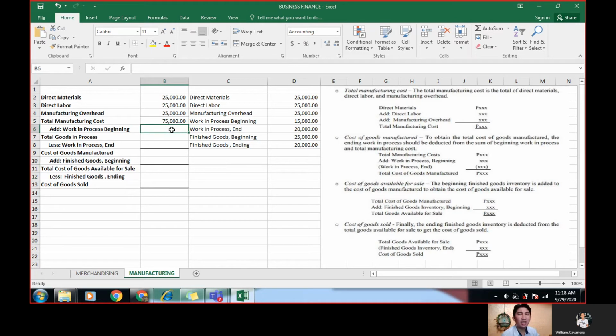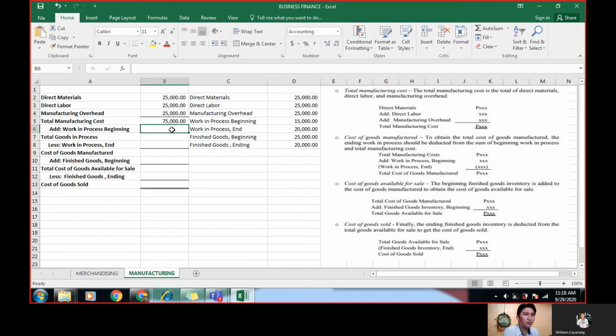So the concept of work in process, it's still an item but partially completed. Meaning, we put partial work done for that, but it is not yet complete. Okay? So it could be 50% complete or 80% complete. Ayan, that's still work in process as long as hindi pa siya finished goods or hindi pa siya na kompleto.